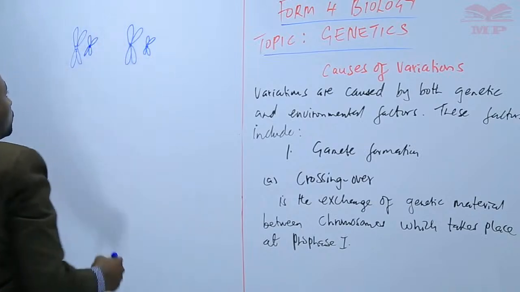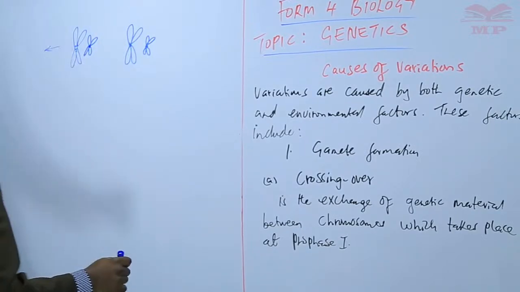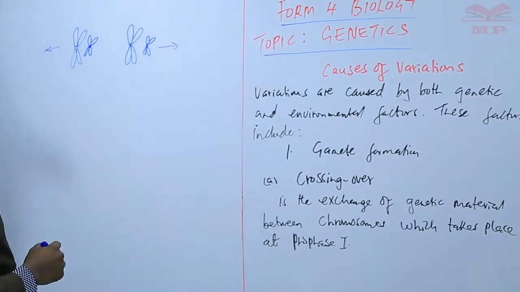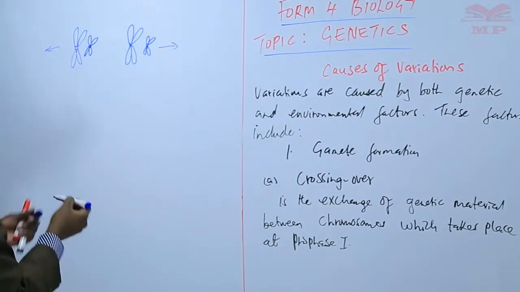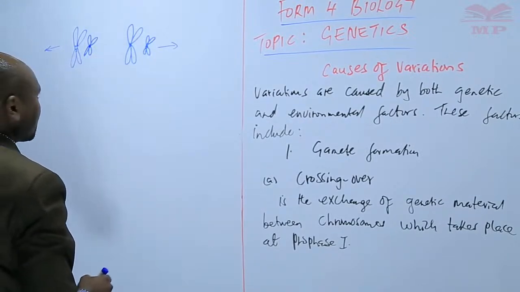So that is one way in which the chromosomes can be assorted. This one can go to one daughter cell, and this pair can also go to the other daughter cell. So this is one way in which random assortment can happen.